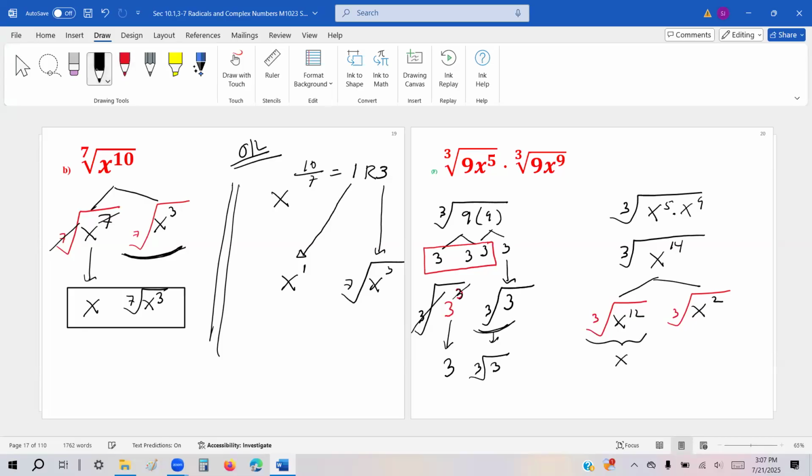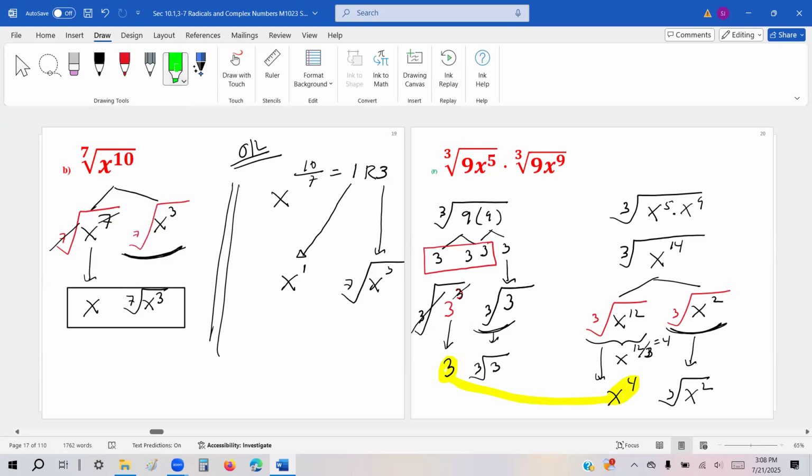Now this one we know is x to the 12 divided by 3. So 3 goes into 12 how many times? 4 times. So this becomes x to the 4. And this is not divisible by 3, so you just bring it down: cube root of x squared. And then we just make them friends. This 3 is free, and this x to the 4 is free, so you put them together outside of the radical.